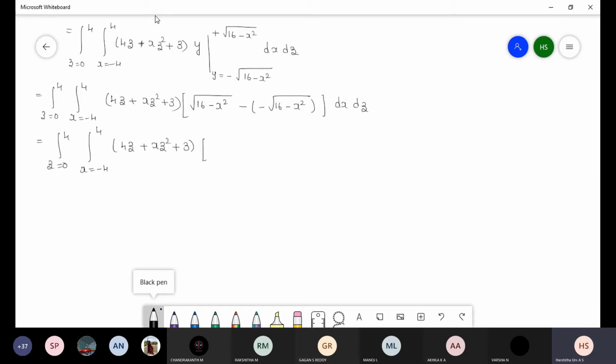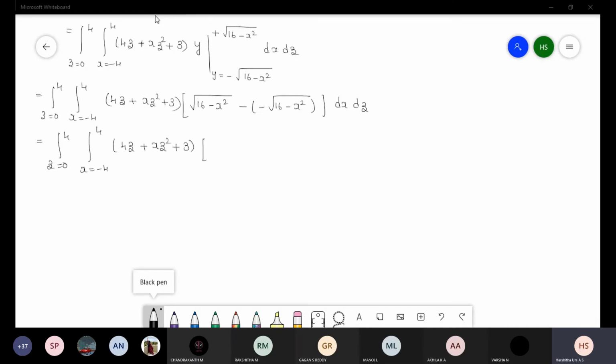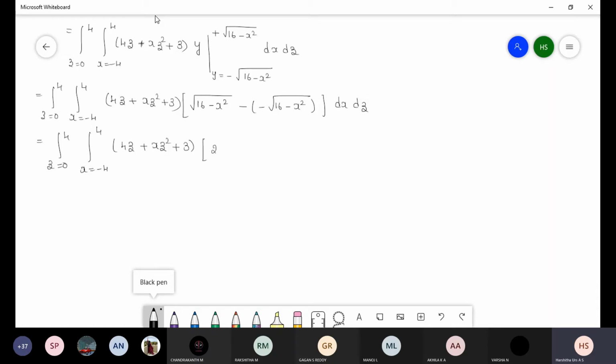So root of 16 minus x square plus root of 16 minus x square means 2 times root of 16 minus x square. Here I will write dx into dz.